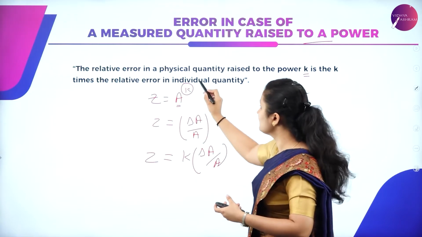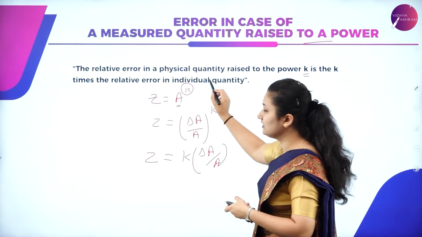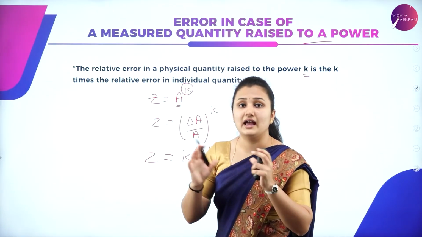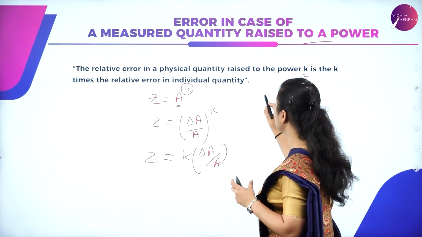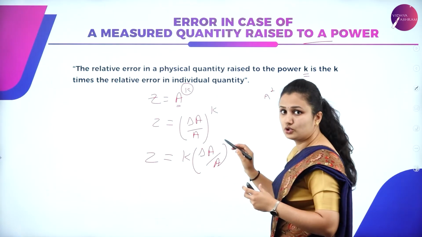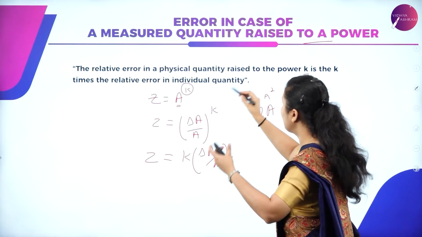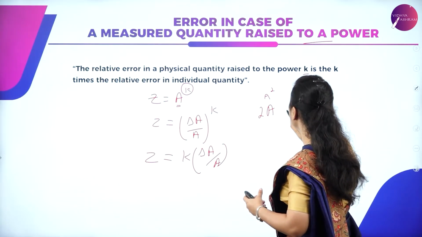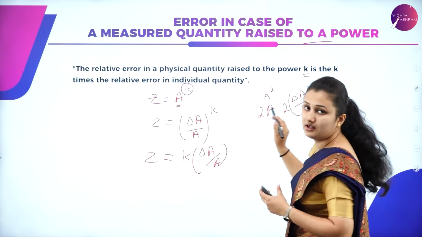So the relative error for a quantity raised to power k will be k times the relative error in the individual quantities. Either you raise to a power or not, the error will always be k times. For example, if you have A to the power 2, it will be 2 times the relative error in A, which is delta A by A.